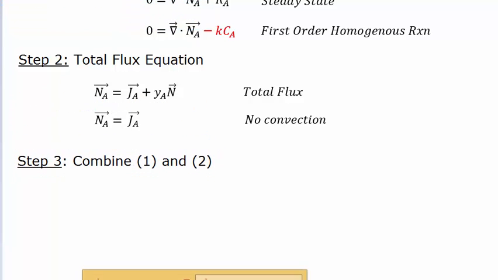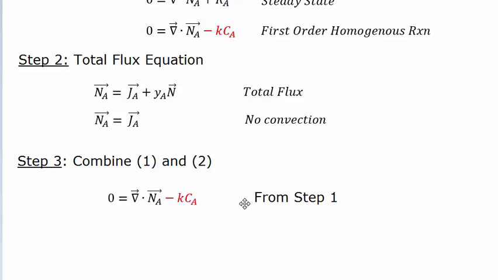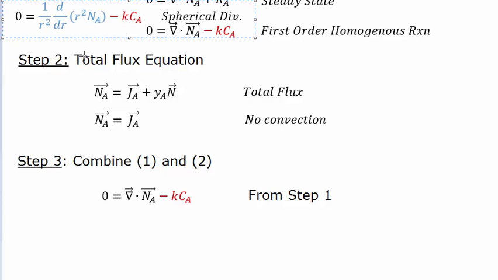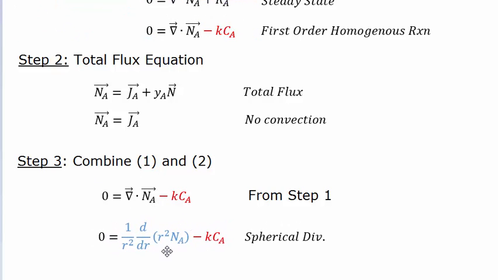So now the third step in our algorithm is to combine the first and second steps. From the first one, we have this, which you saw briefly up above, and in the second step we want to put this in here, but to do that, we need to handle this divergence. If you remember from the lecture on spherical and cylindrical coordinates, you could look up the formula for the divergence on Wikipedia.